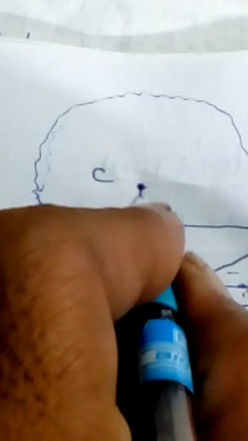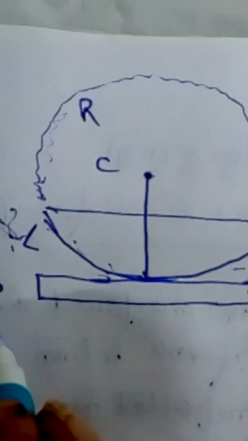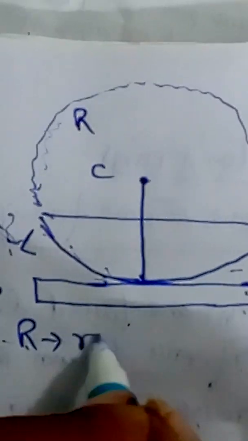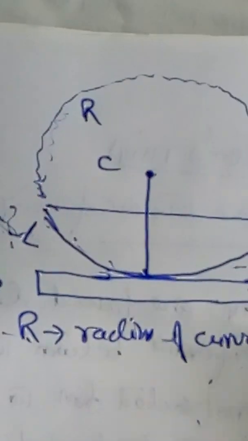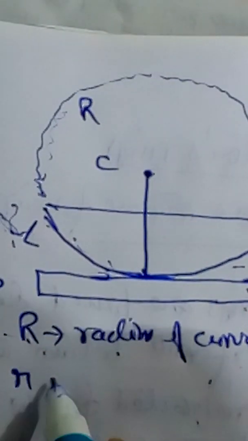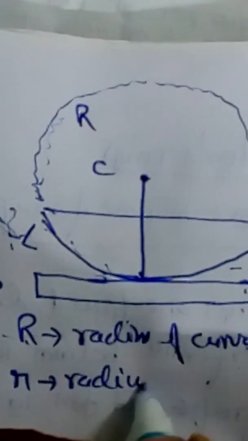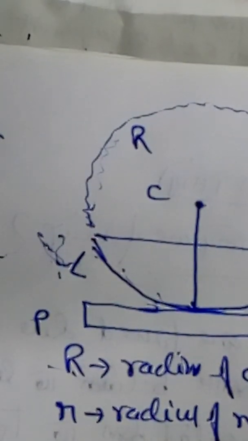Now let R be the radius of curvature. So capital R is the radius of curvature, and I am taking small r also. Small r is the radius of the ring, capital R is the radius of curvature. You can draw diameters both horizontally and vertically.